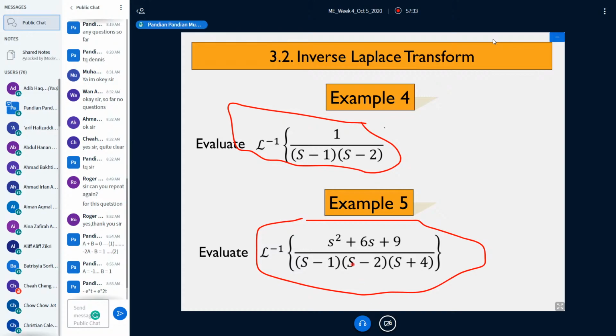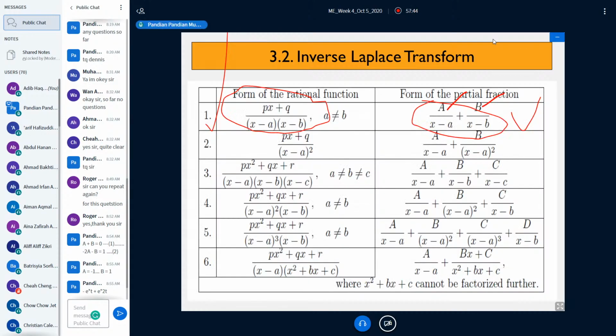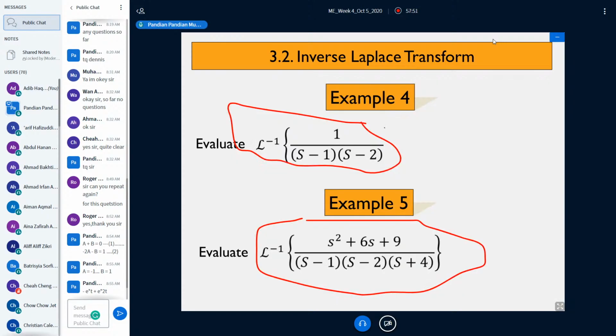So for this, (s squared plus 6s plus 9) over (s minus 1)(s minus 2)(s plus 4), you have to use this formula. Which formula? Because this one, you see here got s squared, and this one, s multiplied by s squared multiplied by s power cube.